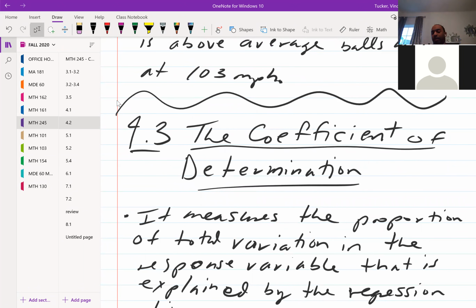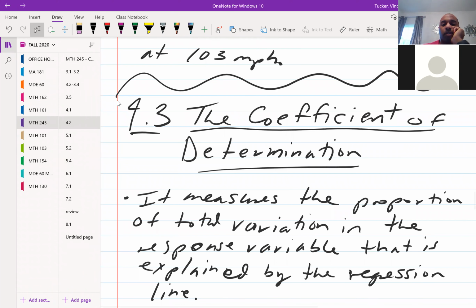All right, so one last thing, your coefficient of determination. It measures the proportion of total variation in the response variable that is explained by the regression line.